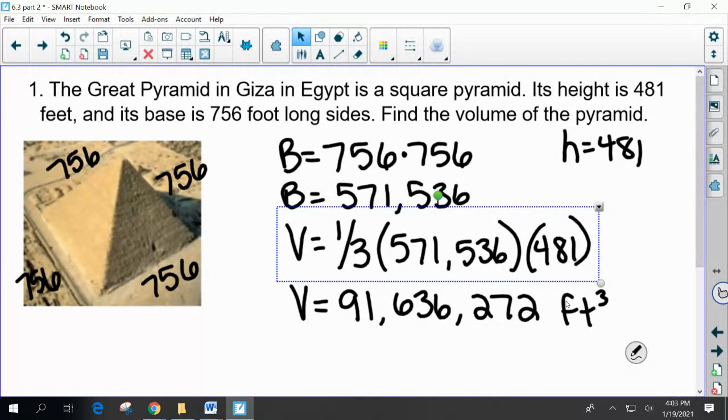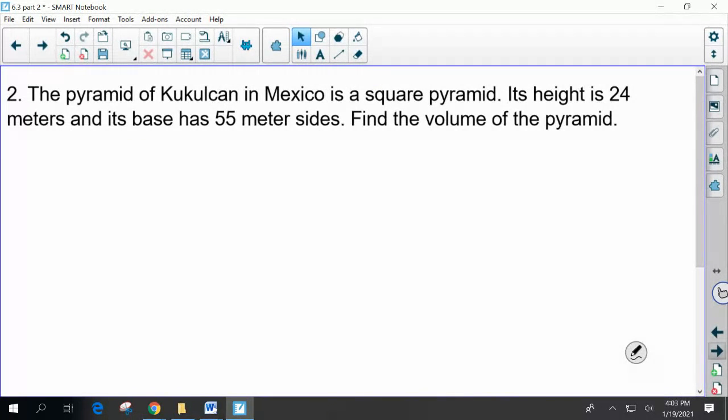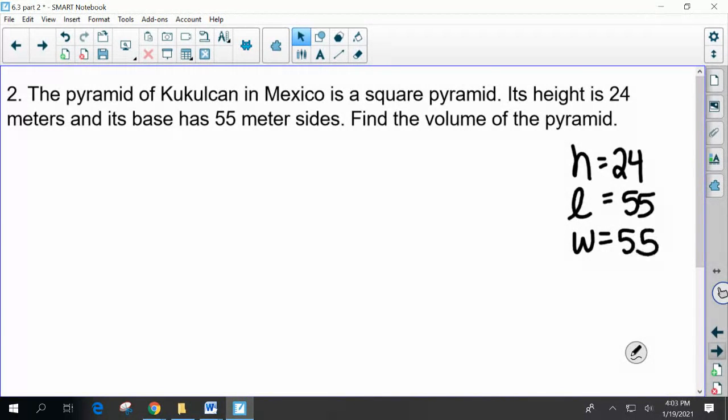Okay. Number 2. Here we have a pyramid in Mexico, a square pyramid. Its height is 24 meters and its base has 55 meter sides. So that means the length and the width are both 55. Find the volume. So capital B equals length times width.